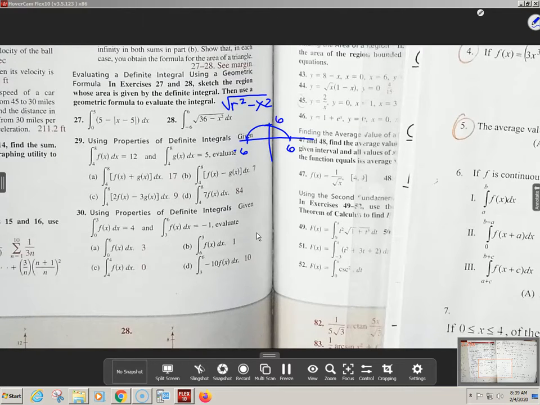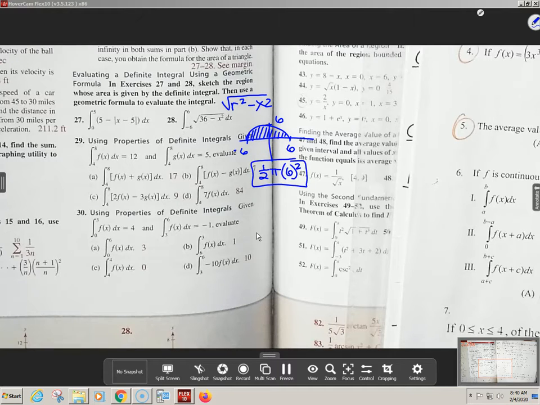Now careful, you have to look at your bounds. Am I going the entire semicircular area? No, you're only going half of it. If you're doing the entire semicircular area, don't you just need to know 1/2 pi r squared?